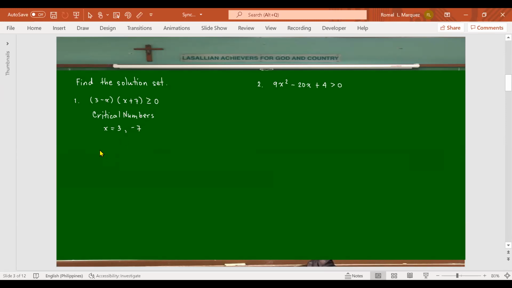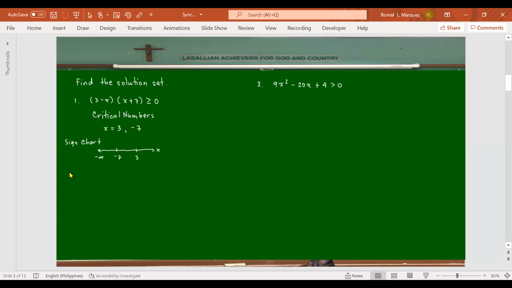Let's now have the sign chart. Actually, it is in between negative 7 and 3, including negative 7 and 3. So let's just have the number line. Negative infinity to the right, and then negative 7, positive 3. We call this the sign chart, or table.